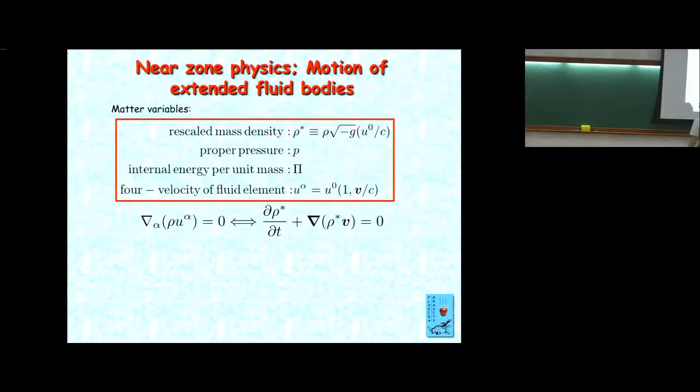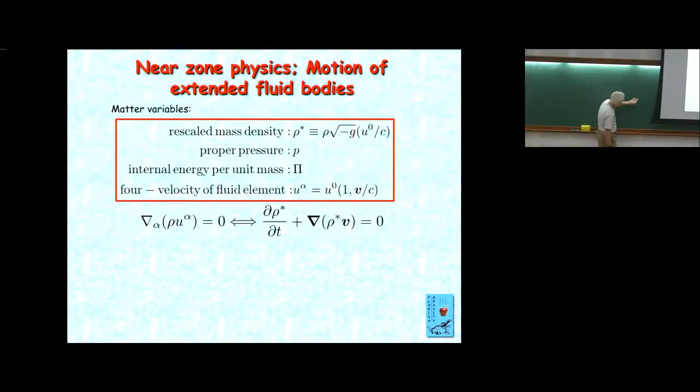So in this case, this divergence becomes 1 over root minus g times d0 of root minus g rho u0, plus dj of root minus g rho uj. And that vanishes.